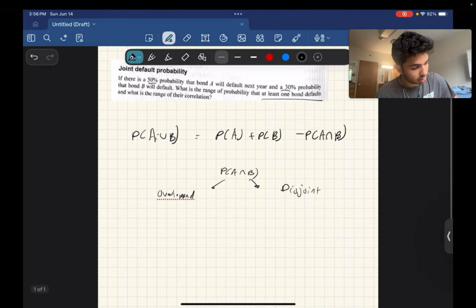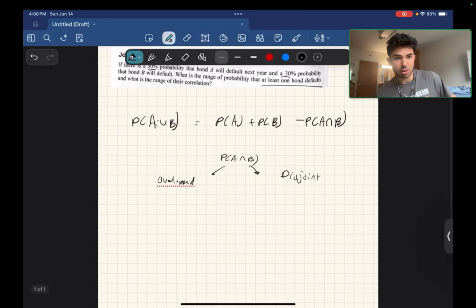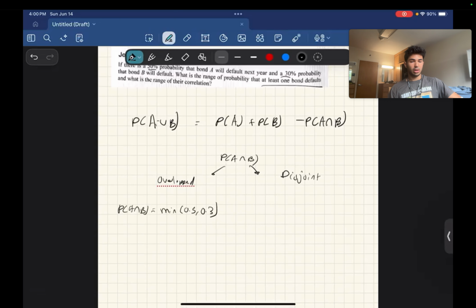So both occurring events, aka the probability of A and B, must fit into both A and B, their individual probabilities. And so that means that the probability of A and B in this case is the minimum of 0.5 and 0.3. And so it equals 0.3.